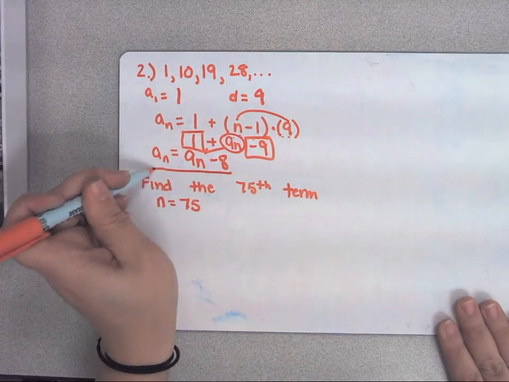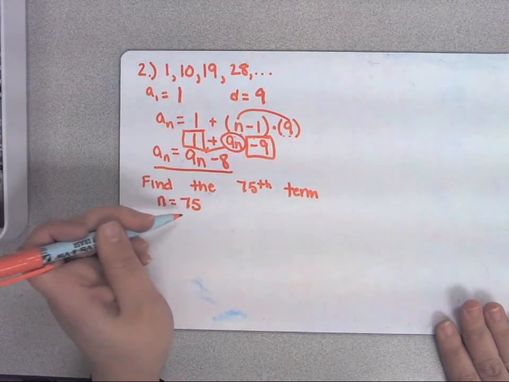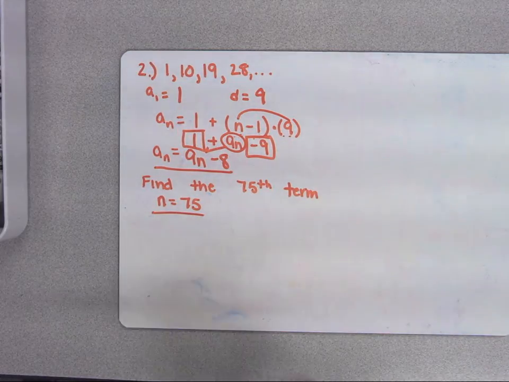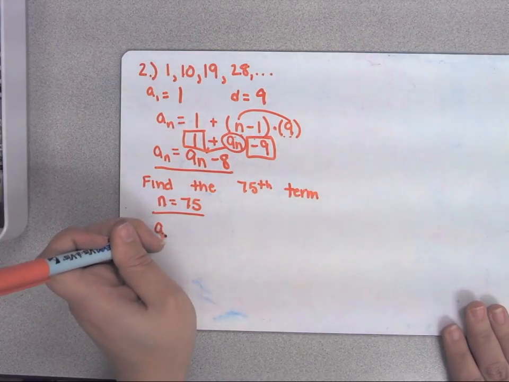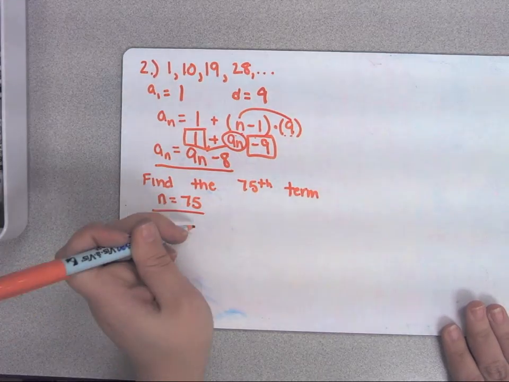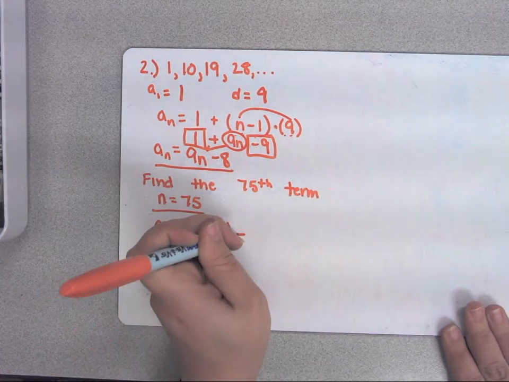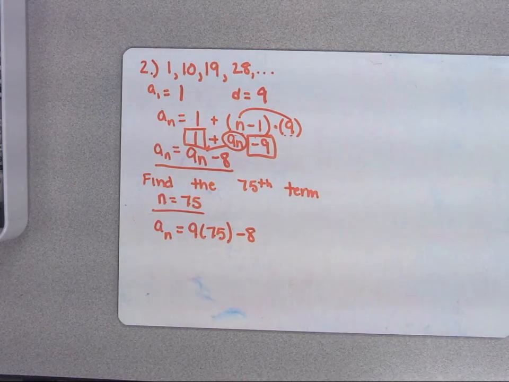So we have this equation, and we say, hey, n equals 75. What are we going to do with that information? Plug it in. We're just going to substitute in 75 for n. So it's going to look like this: a sub n, because we don't know what the answer is yet, equals 9 times 75 minus 8. We all have fingers. We can all type it in, right?